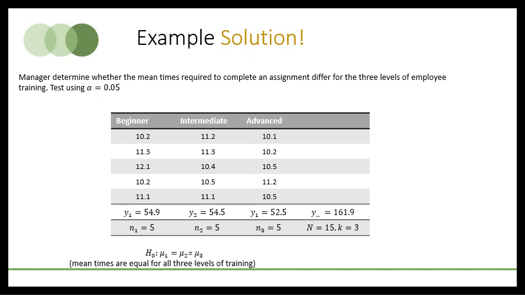And altogether, the total is 161.9. Since we know that the number of samples in each level is 5, n1 equal to 5, n2 equal to 5, and n3 equal to 5. Therefore, we have a total number of samples, capital N equal to 15, and K equal to 3, because we have 3 different levels of the group.